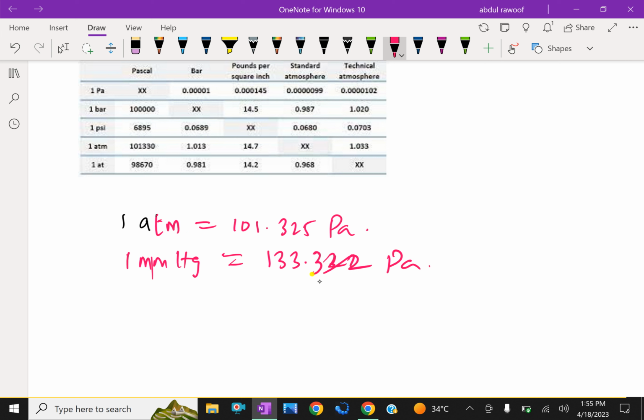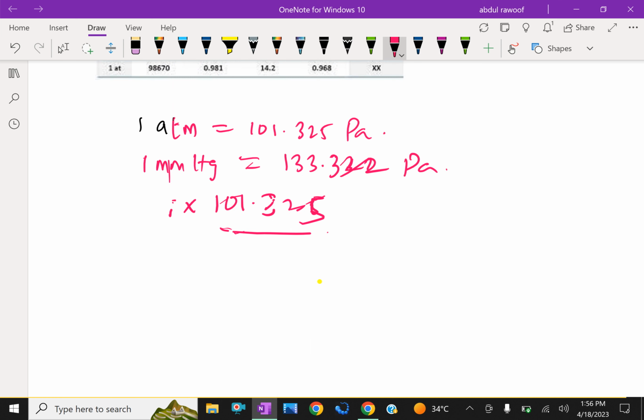Therefore, you can convert 1 atmosphere to mm of mercury, which is equal to 1 into 101.325 into 1 mm of Hg over 133.322 Pascal, which is equal to 760 mm of Hg.